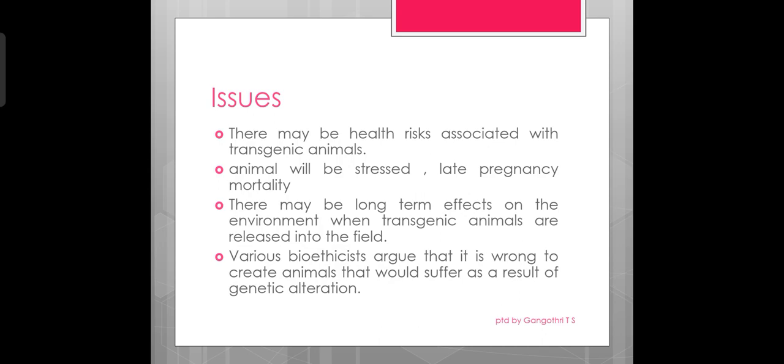There may be long-term effects on the environment when transgenic animals are released to the field. Some bioethicists argue that it is wrong to create animals that would suffer as a result of genetic alteration.